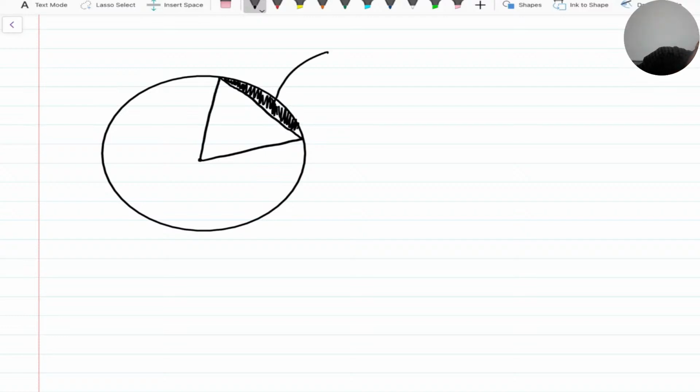So this is called a segment. Now we're going to use two things we've been using recently, because if I want to find the area of a segment, it's the area of this sector here.